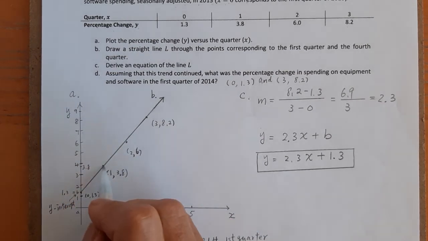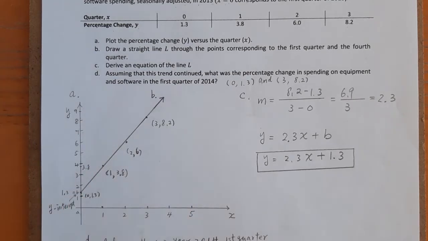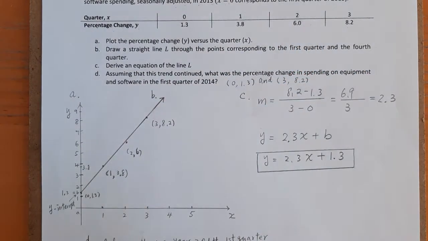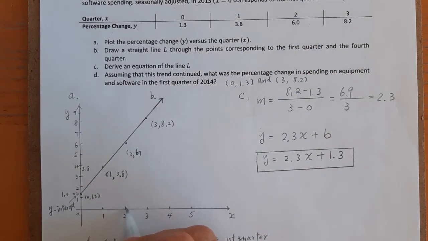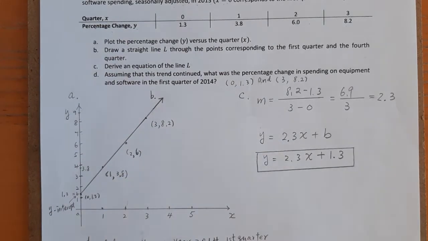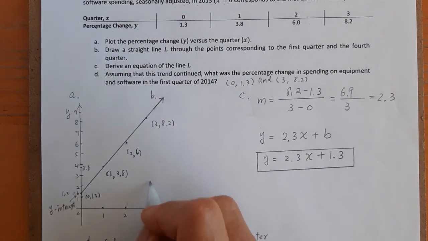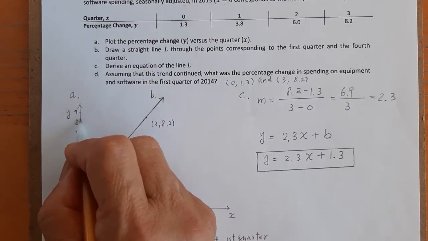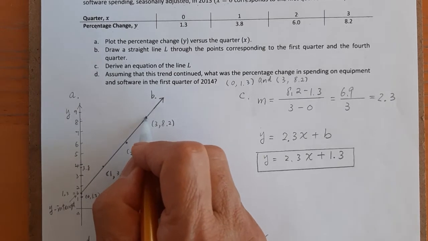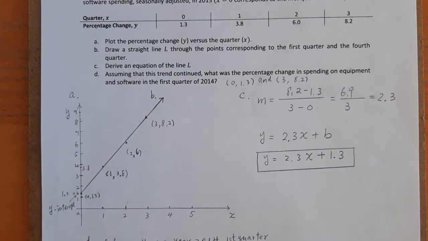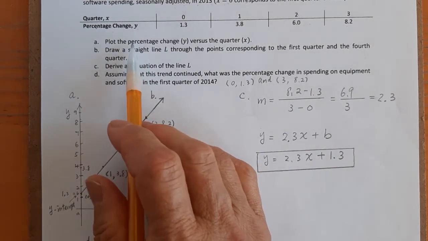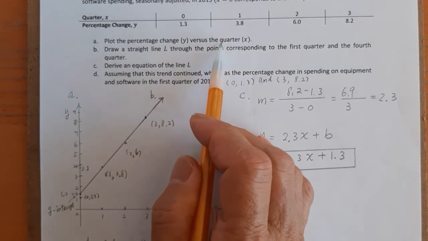When X is 2, Y is 6. When X is 3, Y is 8.2. Plot those 4 points, the percentage change versus the quarters.